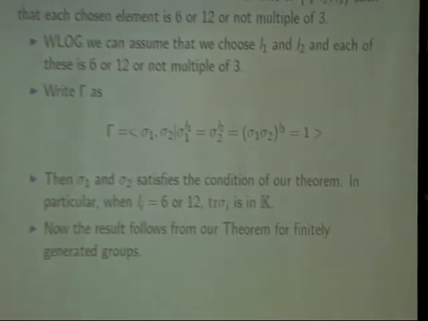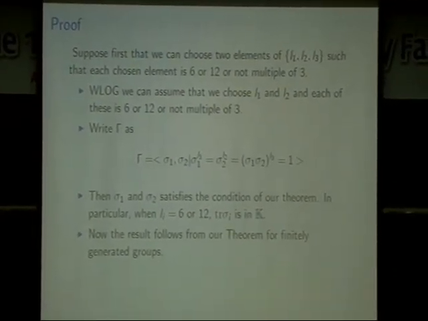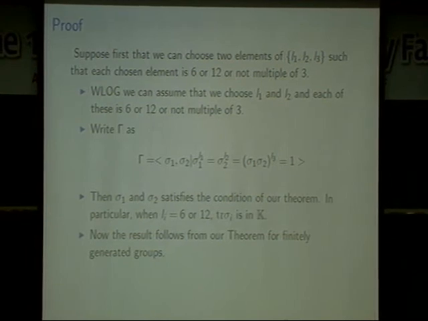So always, up to conjugation, we can write the finite order 3 by 3 matrix in this form.